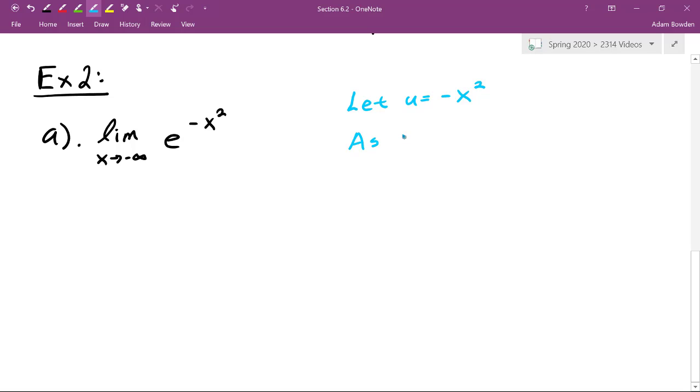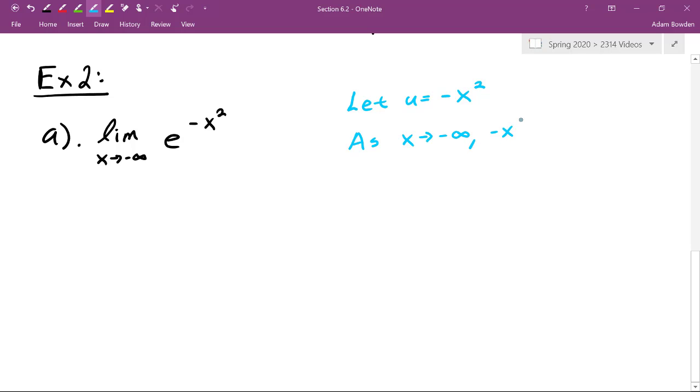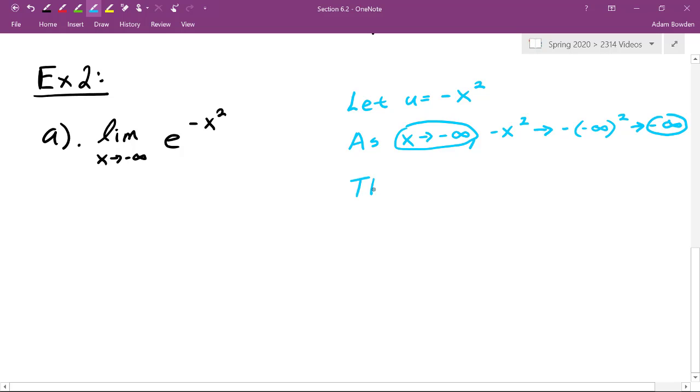Now as x goes to negative infinity, negative x squared would head off to negative infinity squared, or just negative infinity. And so u itself will go off to negative infinity as x goes to negative infinity.